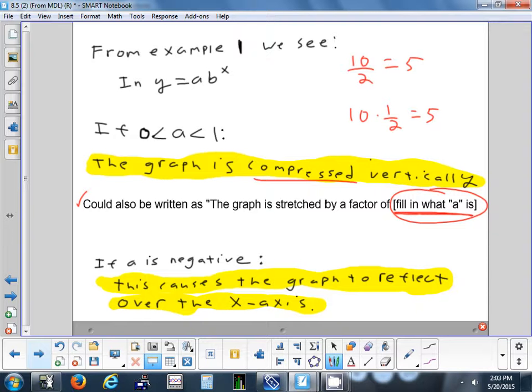Okay, does everyone have the second part? If A is negative, this causes the graph to reflect over the x-axis. Technically, if you wrote this yesterday, you don't need to write it again. It's the same thing you wrote yesterday. Okay?